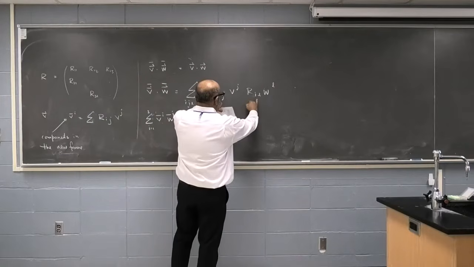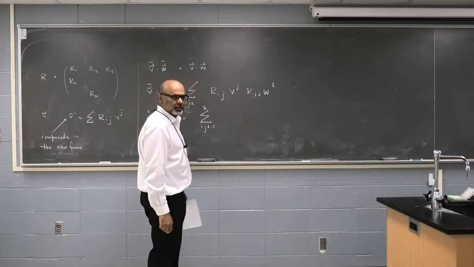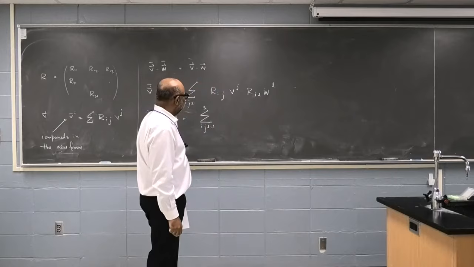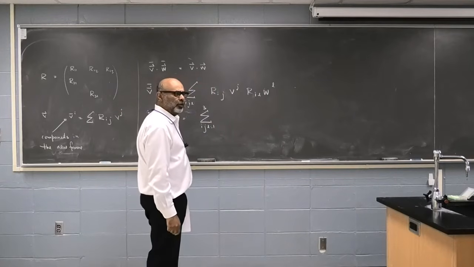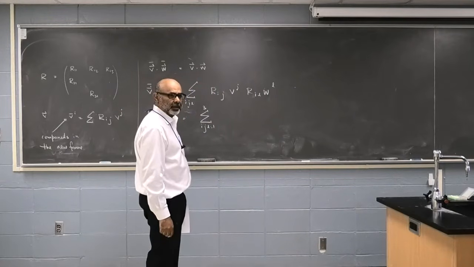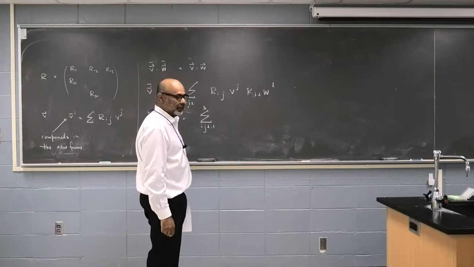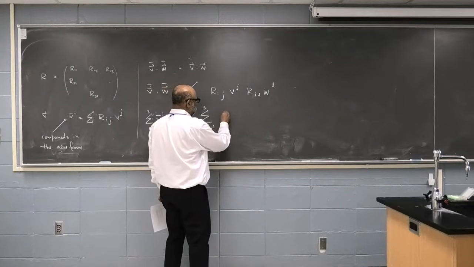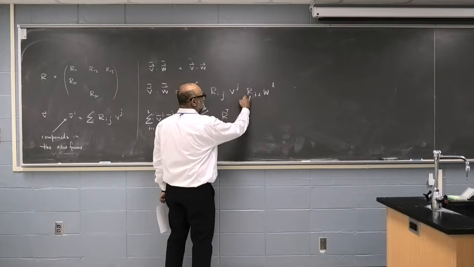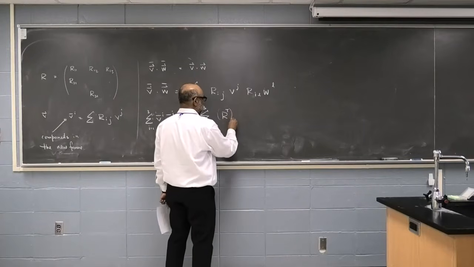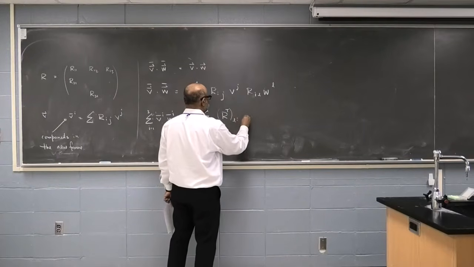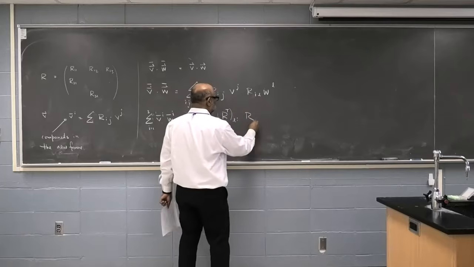Now, how do I make this a matrix multiplication, guys? How do you matrix multiply? Can I do this? I'm going to take this guy and then leave the rest alone.